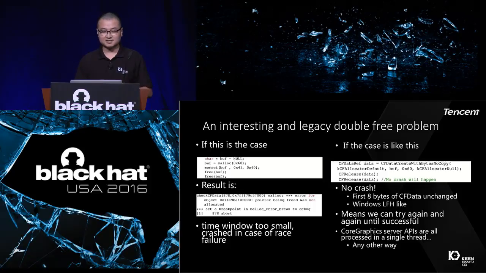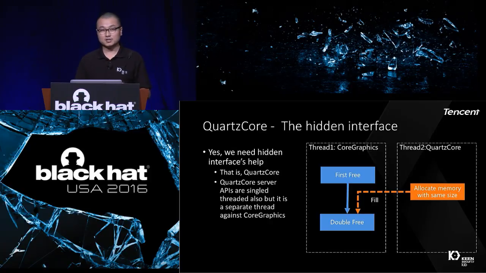The answer is yes, if you use the malloc API. But if you use CF, the Core Foundation version of the API to alloc and free, actually that's a totally different story. It doesn't crash. So we can change our strategy.